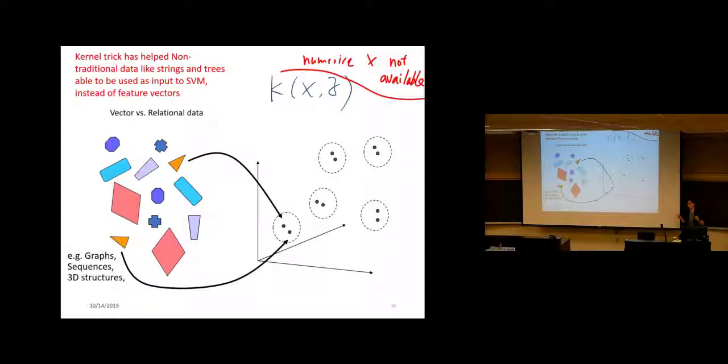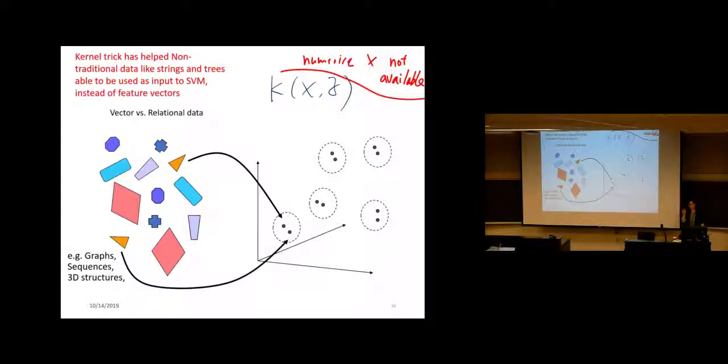It's very difficult to come up with a numerical representation, but it's extremely simple to come up with a similarity measure among graphs, among strings, among those symbolic structures. And SVM doesn't require you to use X. It only needs the K. So this opens a whole paradigm of potential applications of SVM, right?